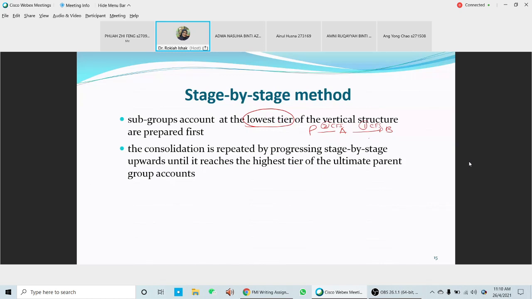The consolidation is repeated by progressing stage by stage upward until it reaches the highest tier, the ultimate parent. So we start with the lowest tier, and then repeat the same process of consolidation until we reach the ultimate parent. So the ultimate parent here is this P.